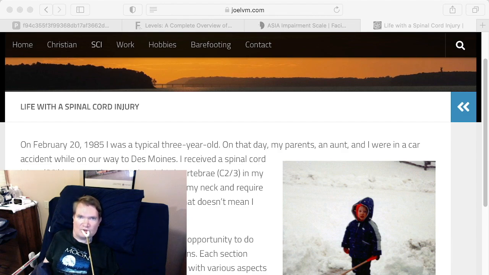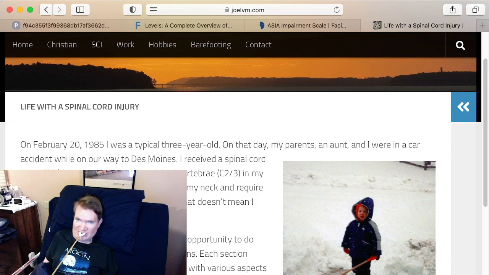So, say the top 7 vertebrae are said to be in the cervical section. And my injury is between the second and third vertebrae. So I am a C2-3 injury, it's called, because my injury is between the second and third area.